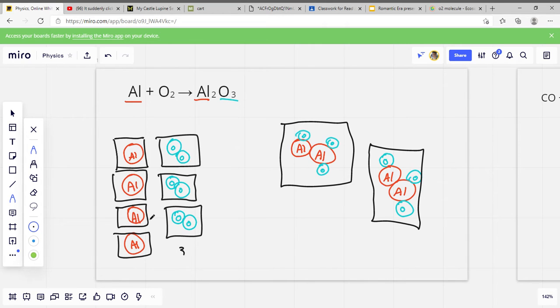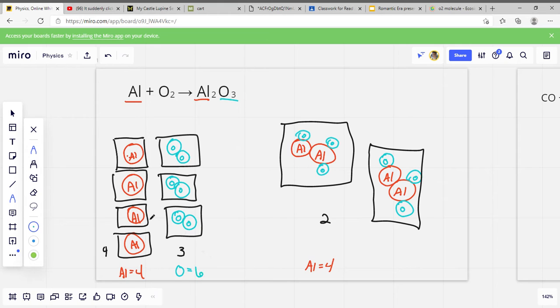So there are three of those, and there are four of those, and it equals two of these molecules. Now, if we look at this, we can see if it's balanced. So for aluminum, we have 1, 2, 3, 4. And over here, we have 1, 2, 3, 4 orange ones. So our aluminum equals 4 over here. That's balanced.